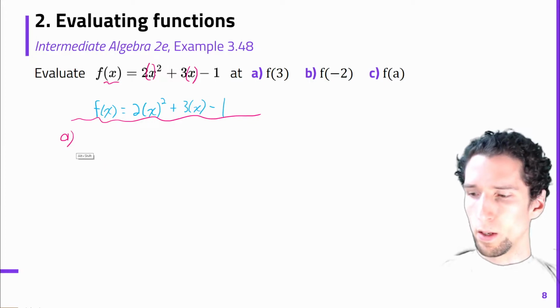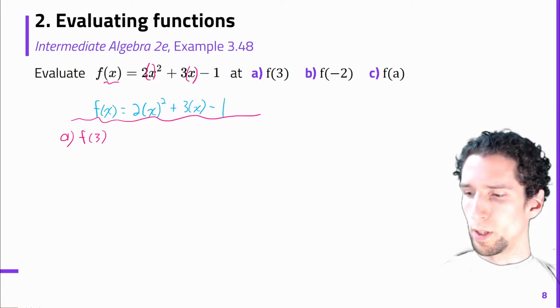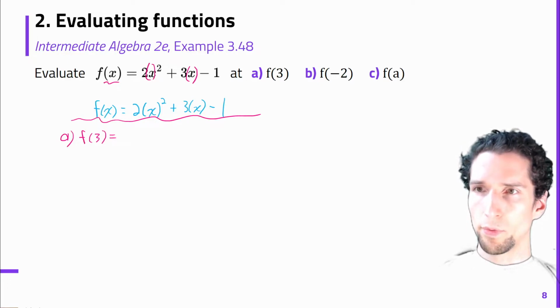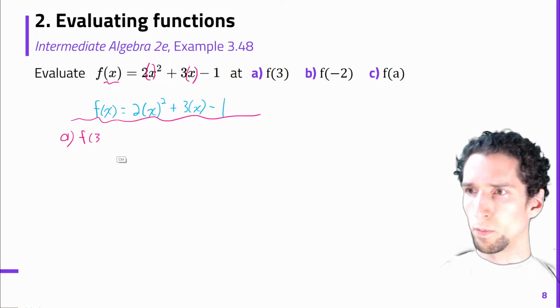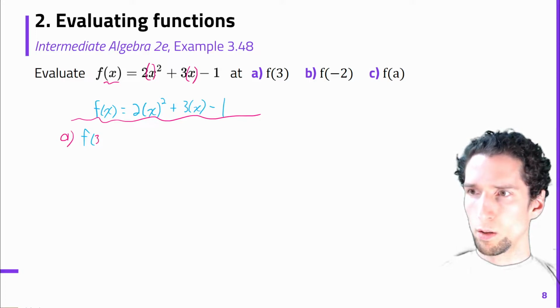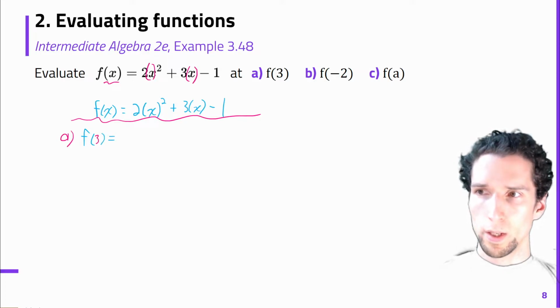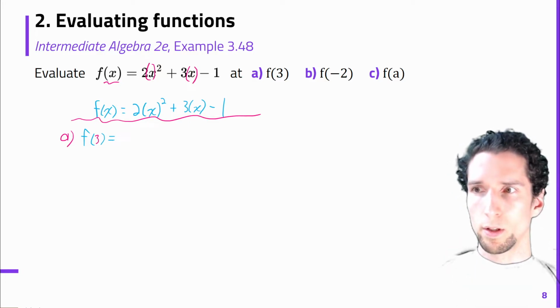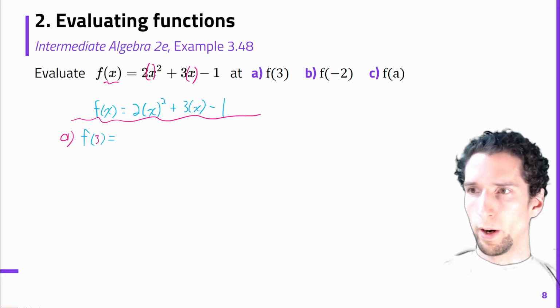So for a, which we said is f of 3, we don't actually need to do that. We'll just write equals directly here. So f of 3, I'm going to do different colors to help us. f of 3 is equal to, and then in each set of brackets here, I'm just going to put that 3 in there.